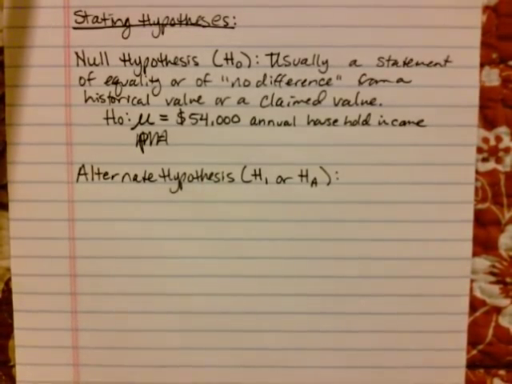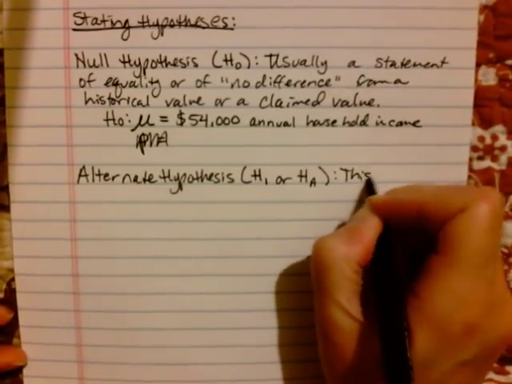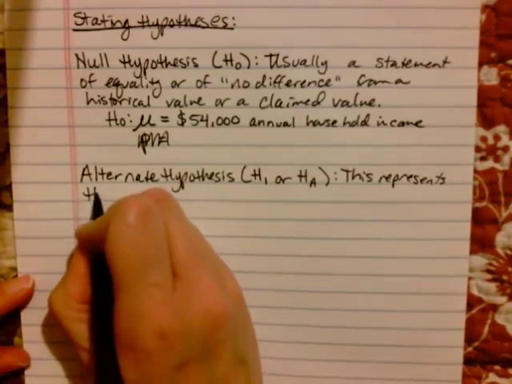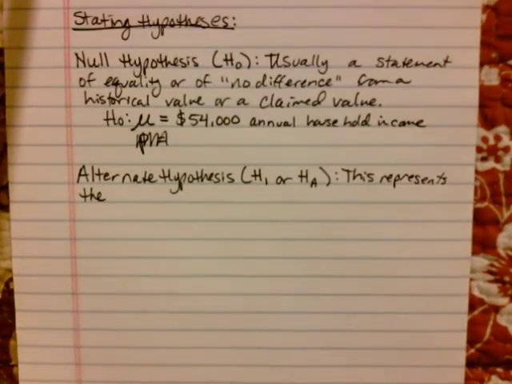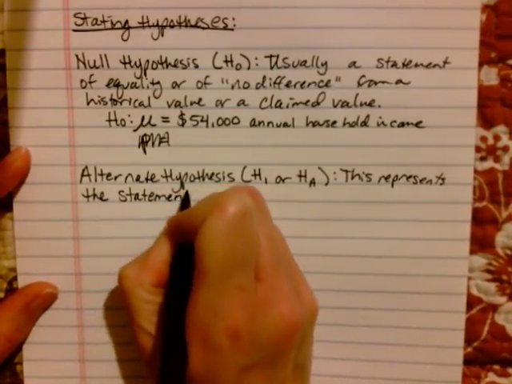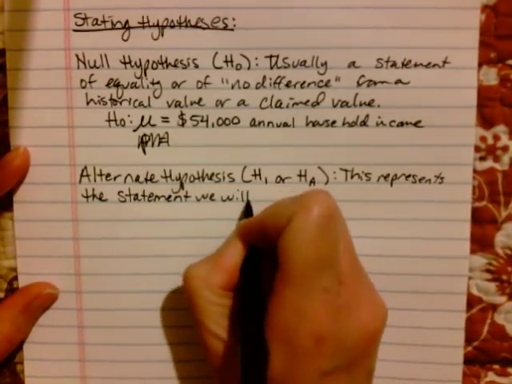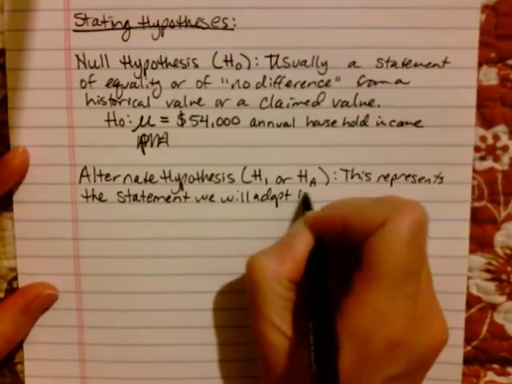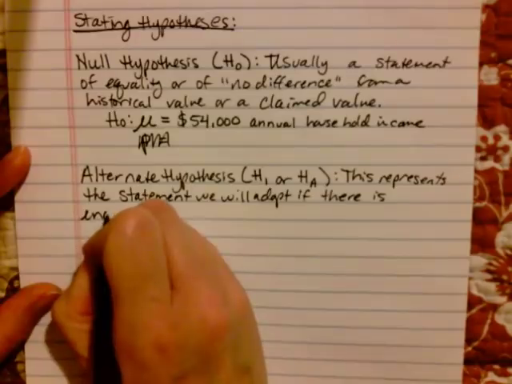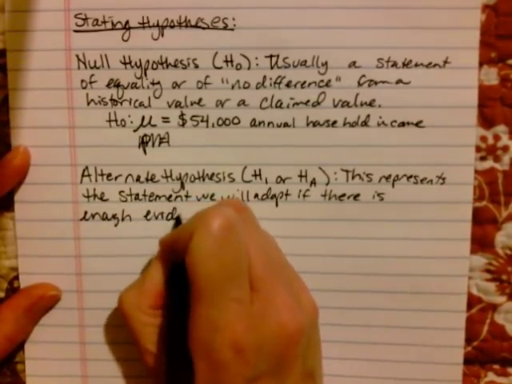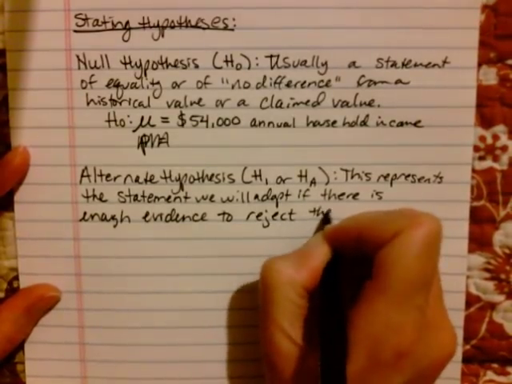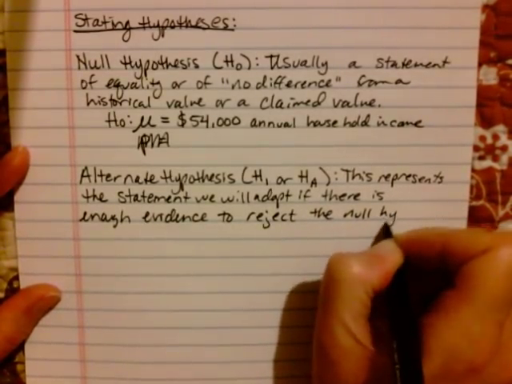Our alternate hypothesis represents the statement we will adopt if there is enough evidence to reject the null hypothesis.